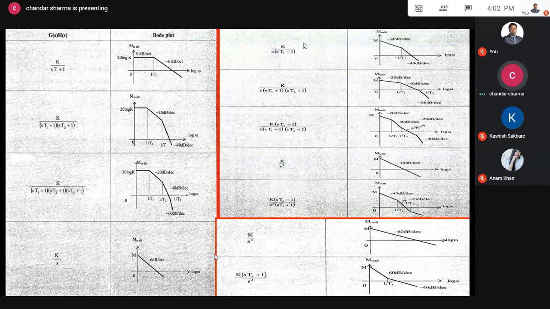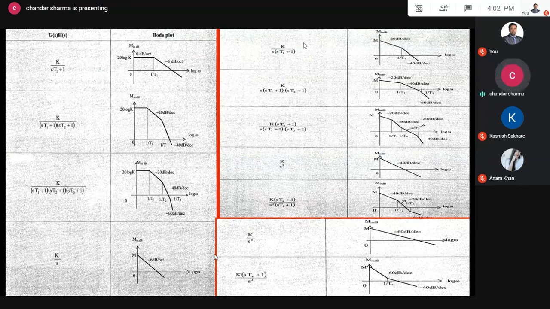There are some Bode plots for different values of G(s)H(s). When there is one pole, you can see type 0, order 1, it is simple. Order of the system 2, when there are two poles, you can see. For 3 अलग अलग.